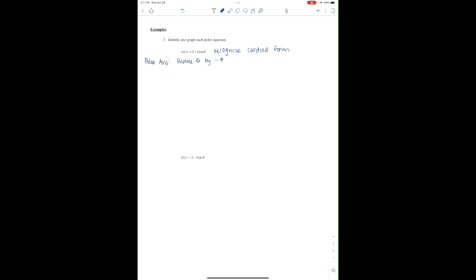And if it comes out as the same equation, then it is. And if it doesn't, then it might not be. So we have r equals 3 plus 3 cosine of negative theta. And remember, cosine of negative theta is cosine theta. So 3 plus 3 cosine theta is what we end with. It's the same. So what we can say is our graph is symmetric with respect to the polar axes.